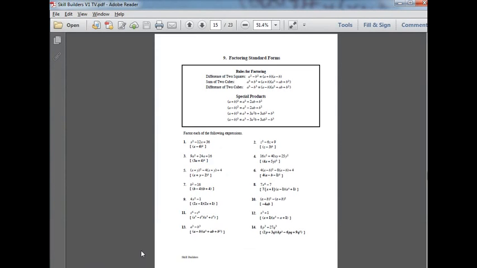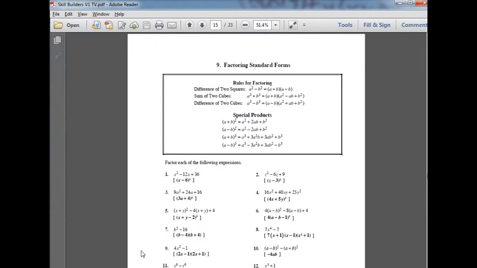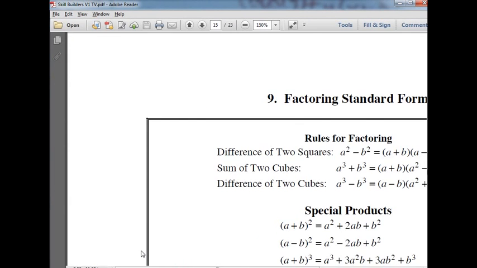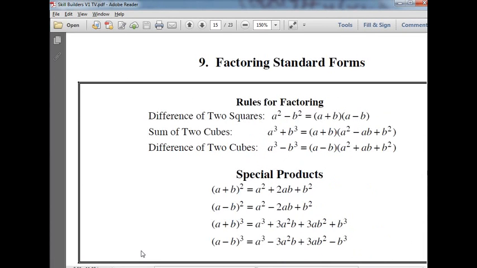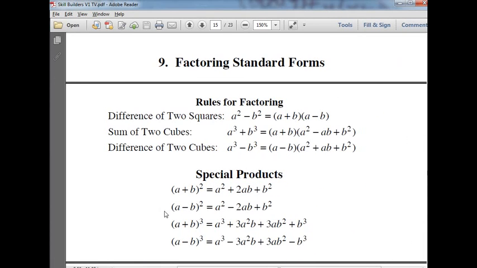Yes, it's working. Okay. So you guys need to have these memorized, the special products. When you see a plus b squared, you should know that's a squared plus 2ab plus b squared. When you see a minus b squared, you should know that's a squared minus 2ab plus b squared. And then you learn the rule for cubes. I'm not even expecting you to know the cubes yet, even though you learned it in Algebra 2, but can you please at least know the ones from Algebra 1?